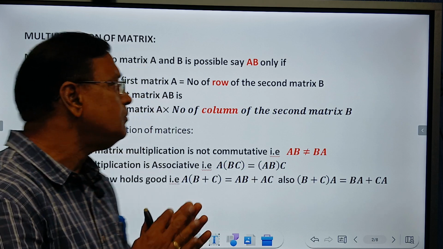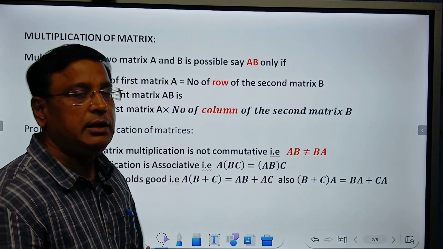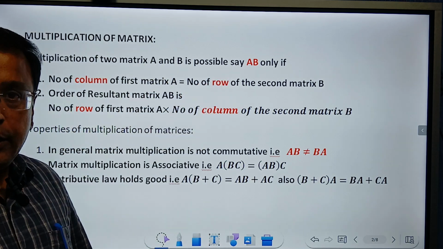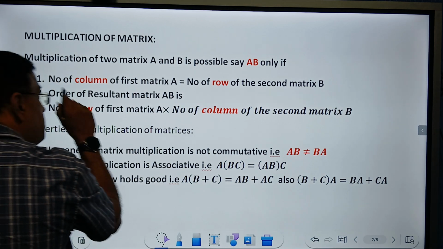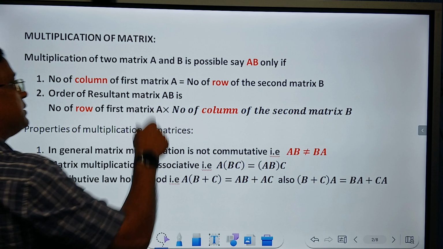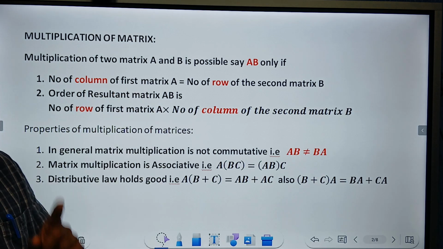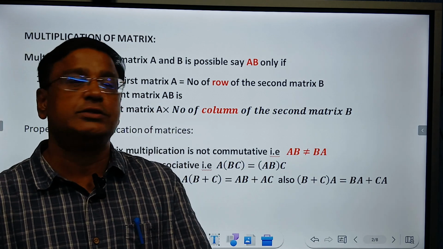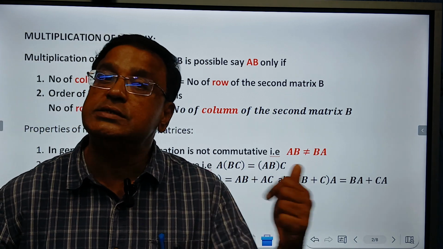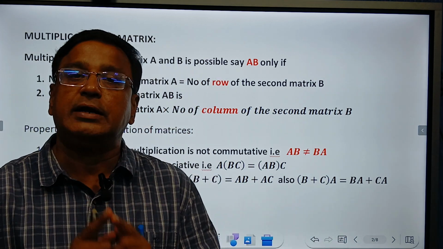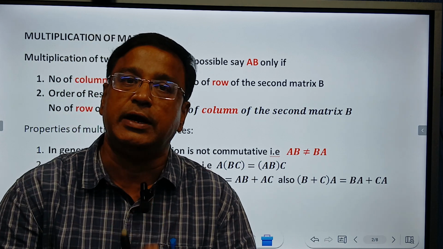So if I want to find AB, the first thing I need to verify is that the number of columns of the first matrix, that is matrix A, should be equal to the number of rows of the second matrix. That condition must be satisfied.